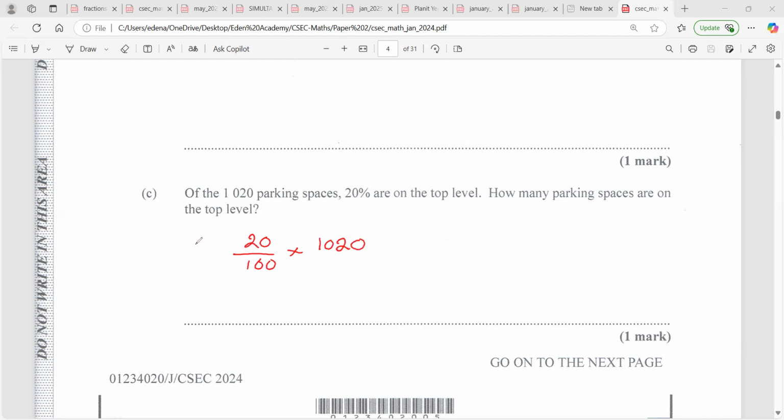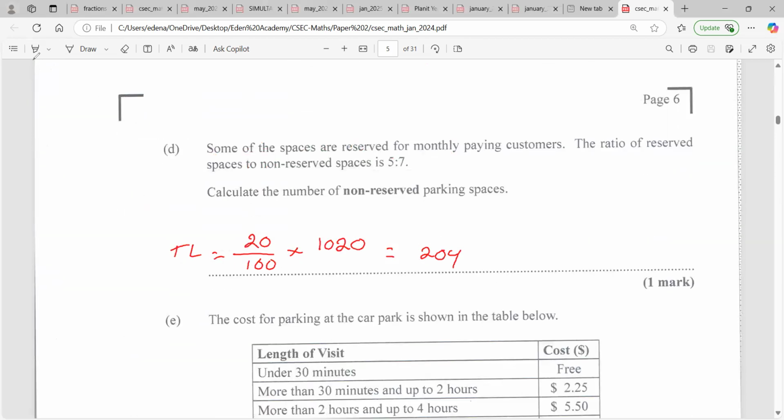Those are the parking spaces on the top level. So 20% of 1,020 is equal to 204. Part D.